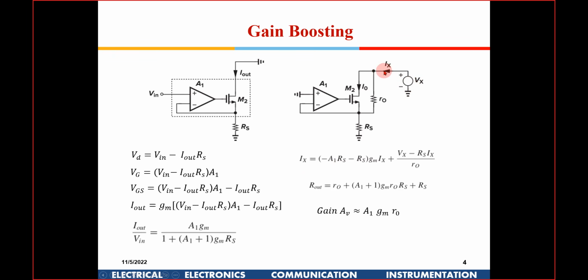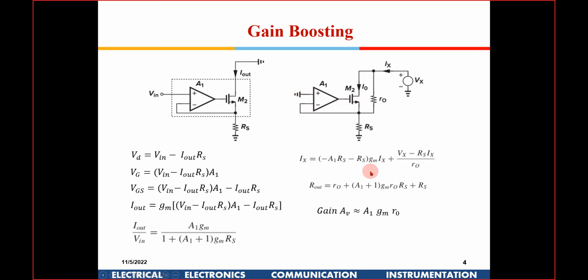So this is the current which is flowing. So this voltage will be Rs into Ix, so the voltage across R0 will be this, and what is the current which is going to flow here? It will be GM into the VGS, and in this case this is ground, right?